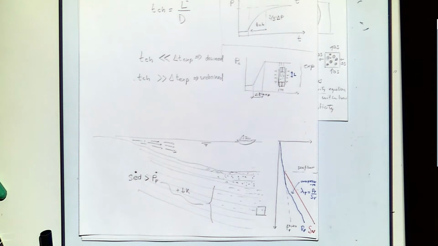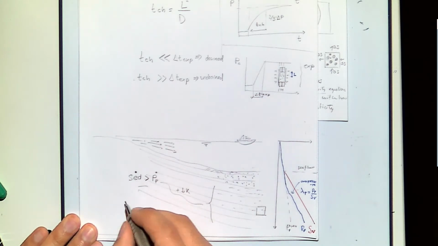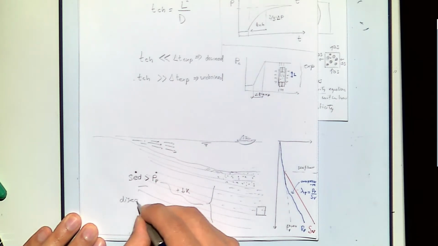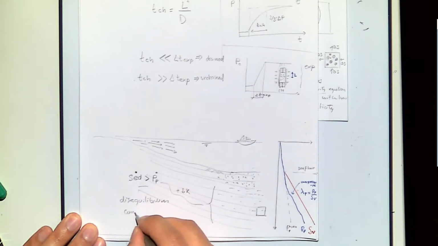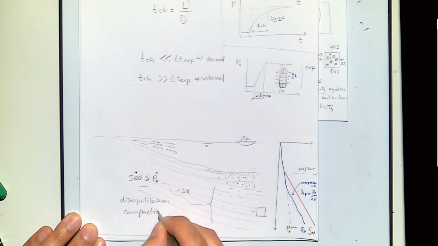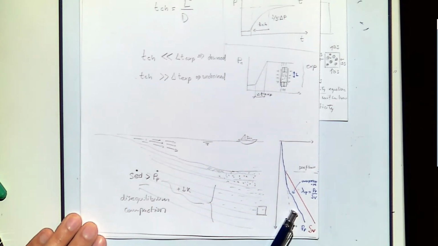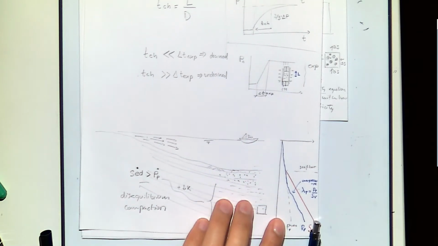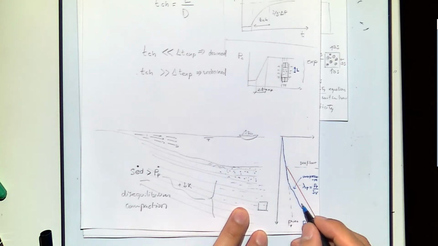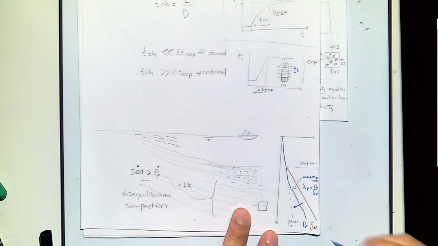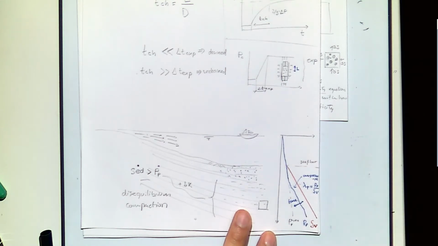And just to complete, this phenomenon is also called disequilibrium compaction. So if you want to solve this as a function of time, because remember this one is what you see right now, but if you were to let this one dissipate over millions of years, it will go to the hydrostatic trend.